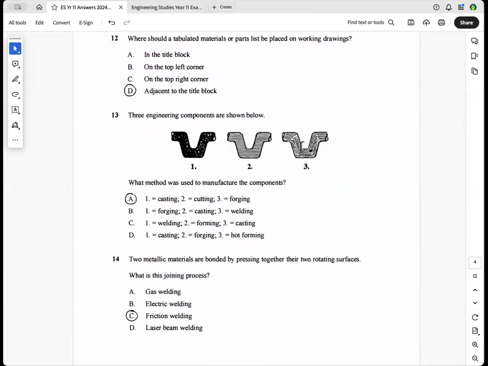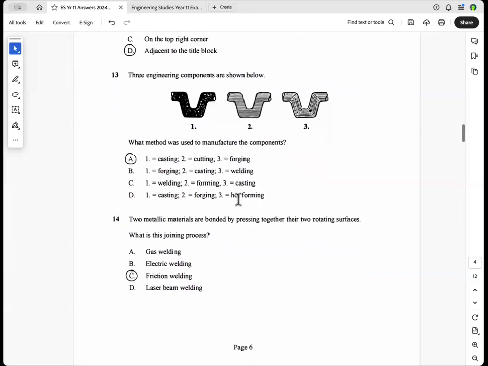Now this one here has been forged because a die has been pushed in there. You can see the flow lines going around the shape of the die. And this is much stronger than that or that. So the first one's casting, the second one's cutting, and the third one is forging.